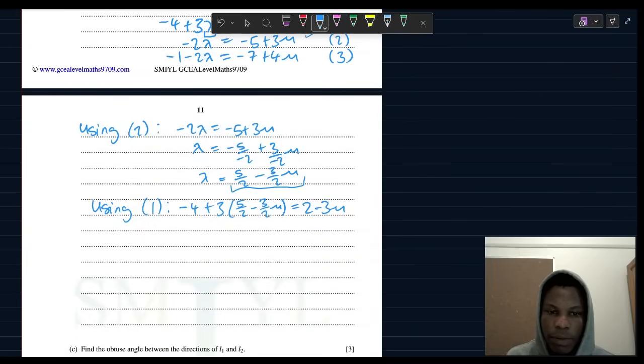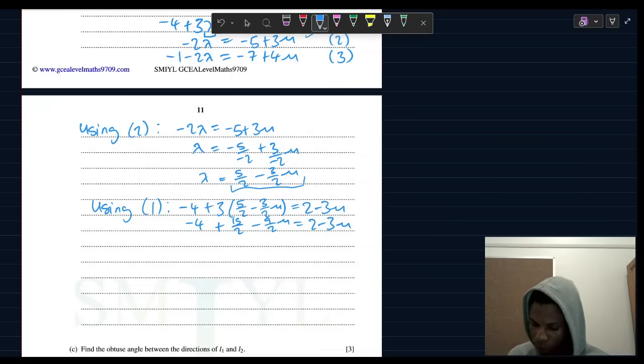Let's simplify this. That's -4 plus 15 over 2, minus 9 over 2 mu, is equal to 2 minus 3 mu. Simplifying on the left, -4 plus 15 over 2 is 7 over 2, so we have 7 over 2 minus 9 over 2 mu is equal to 2 minus 3 mu.